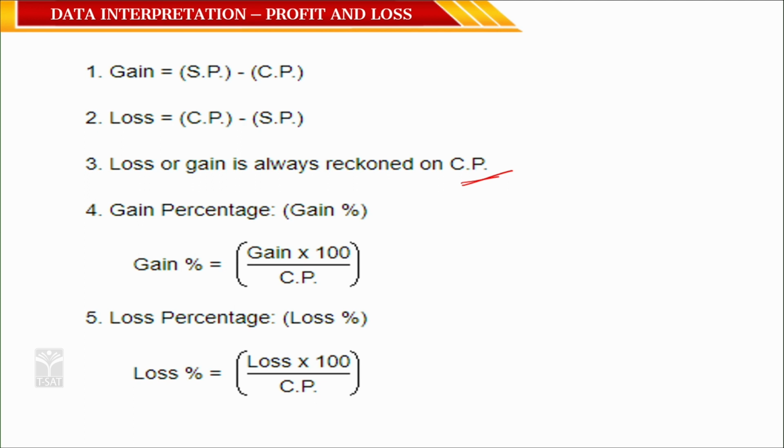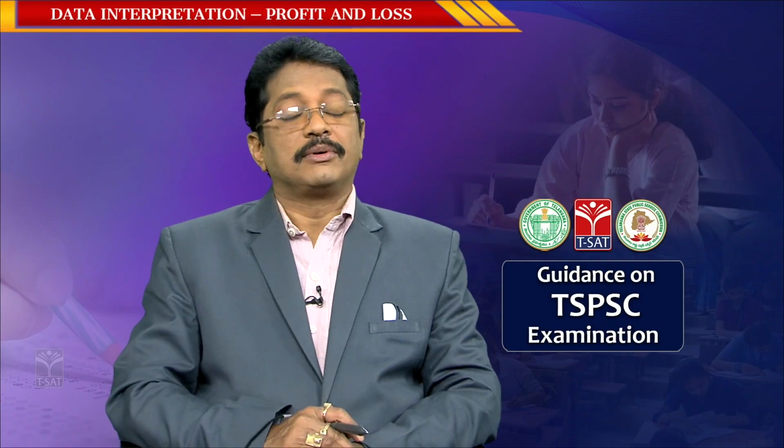The gain percentage or profit percentage is equal to simply gain by cost price into 100, or you can say gain into 100 by the cost price. The next is loss percentage: simply loss by cost price into 100. So, how much loss you incurred, that loss will be divided by the cost price and multiplied by 100. Clear? This is about loss percentage.